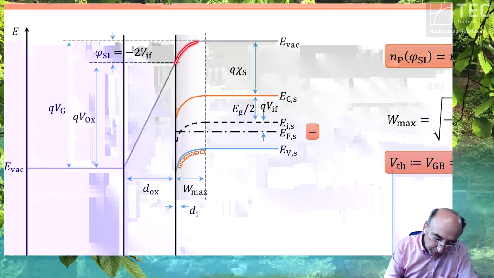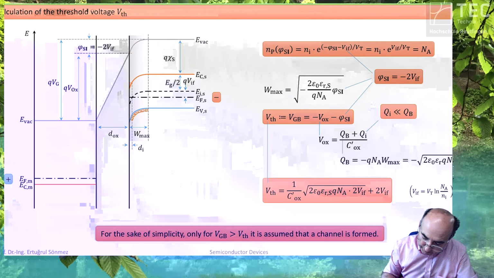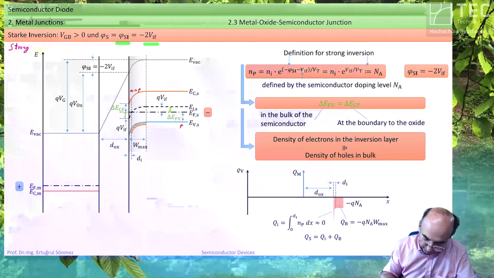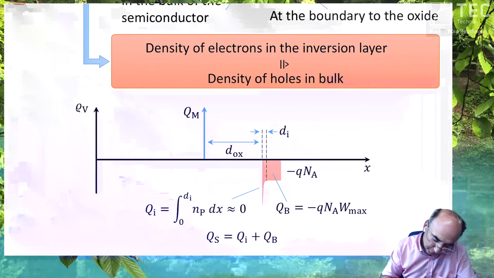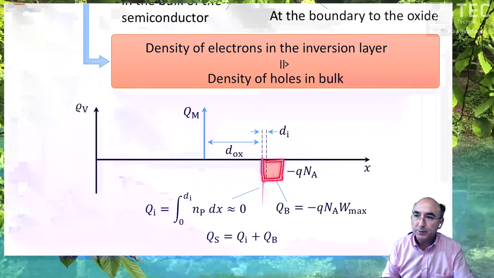If we know this potential, we know the charge in the space. Why we know the charge in the space?